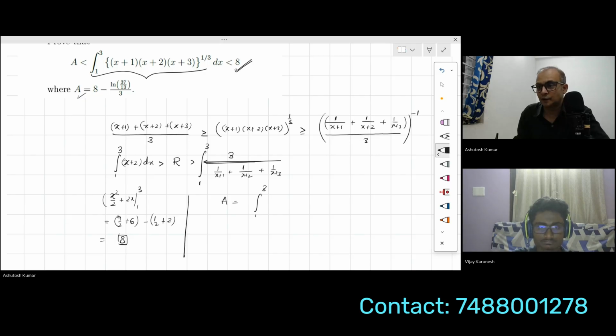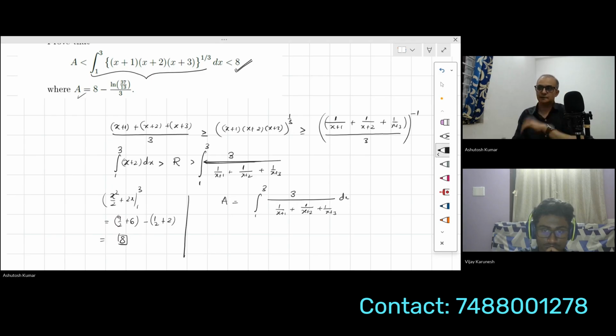So I have to evaluate the integration of this quantity. How do we integrate this thing? That's the question. Tell me, how do we integrate it?